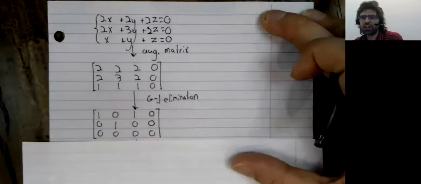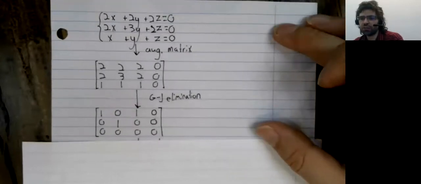So start with the homogeneous system. Set up the augmented matrix. Perform Gauss-Jordan elimination.